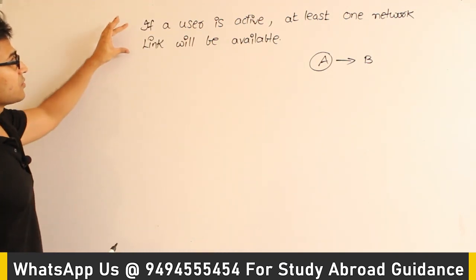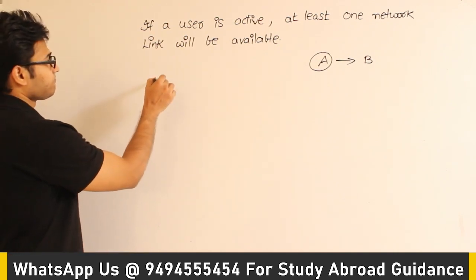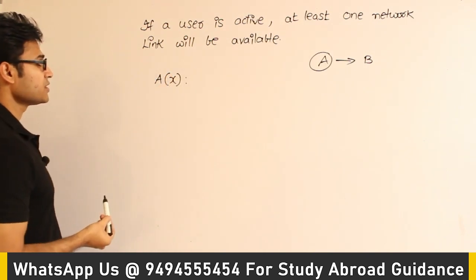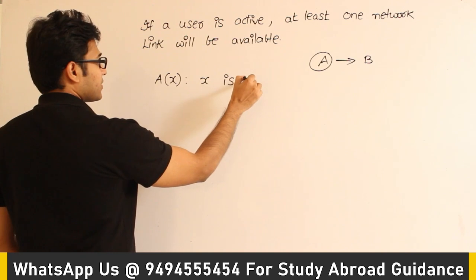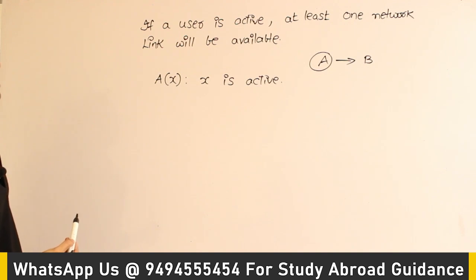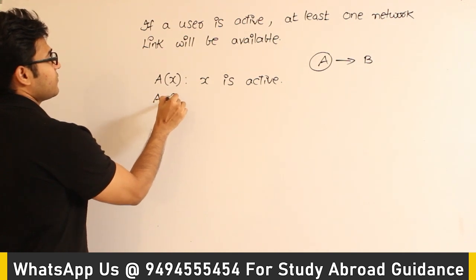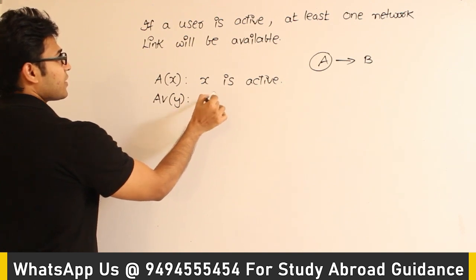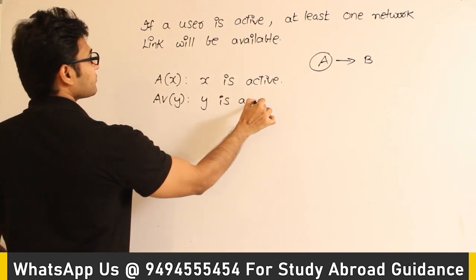Okay. Now let's try to design it using the propositional functions. Let us assume that A(x) is a propositional function which represents x is active, and AV(y), let us say, represents the propositional function that y is available.